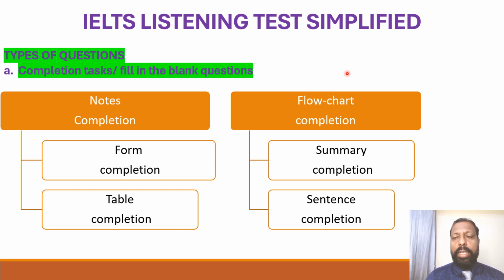So filling the blanks of the forms available. For example, a registration form, you need to fill it. So in the narration, you need to identify what information you're supposed to use for filling this form. Then you just make your answer. Then table completion, followed by flow chart completion, or even summary completion, or sentence completion.